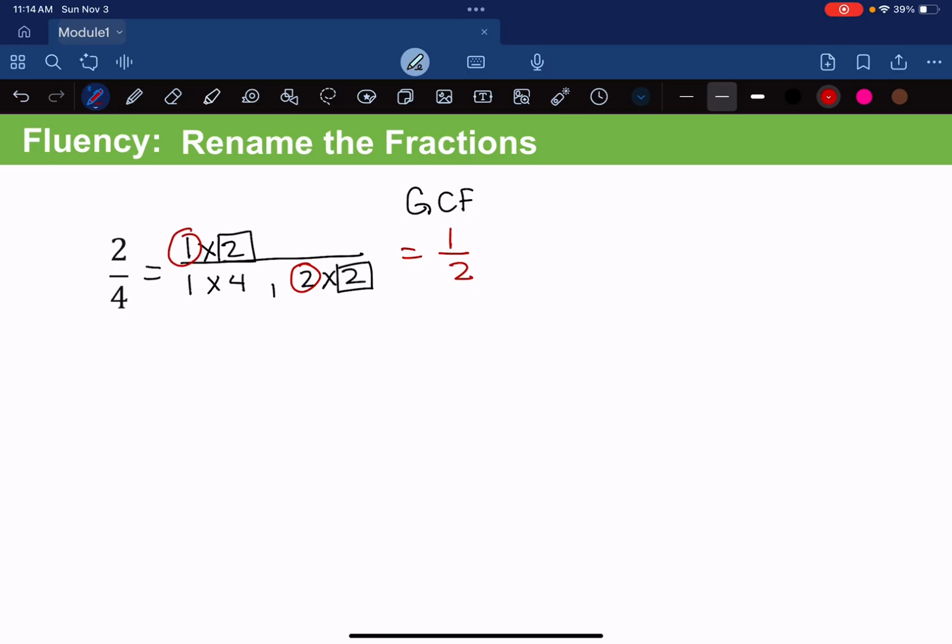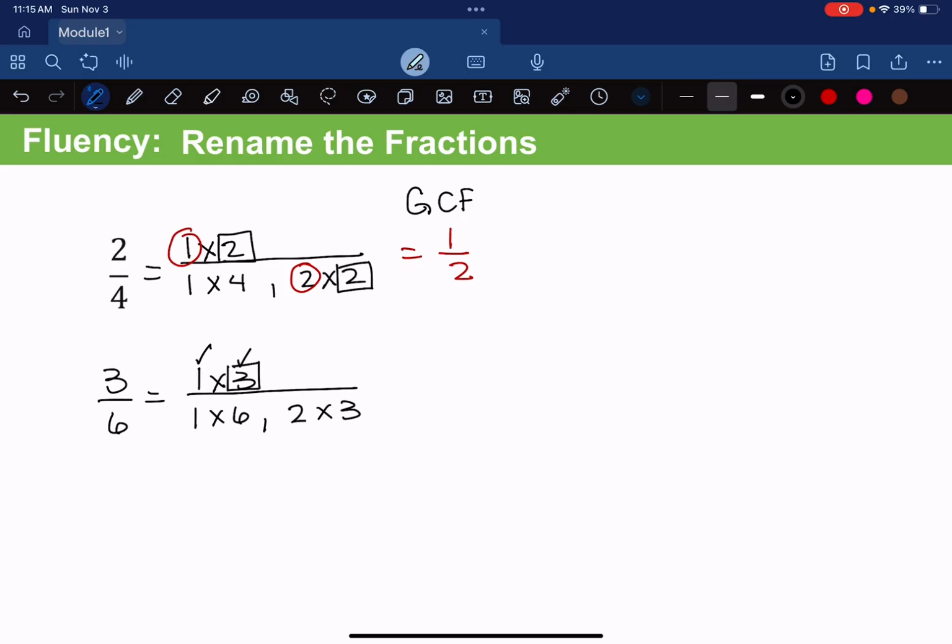So let's try another one. Let's do 3/6. I can do 1 times 3 to equal 3. I can do 1 times 6. I can do 2 times 3. They both have a 1 in common. They both have a 3 in common. But I need the greatest common factor, which is 3.